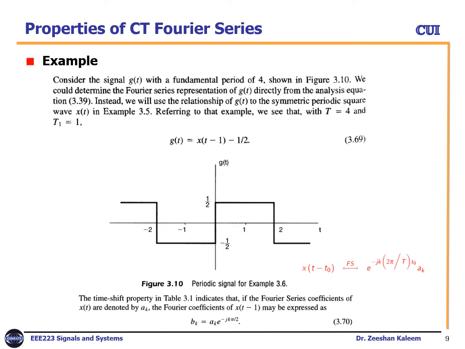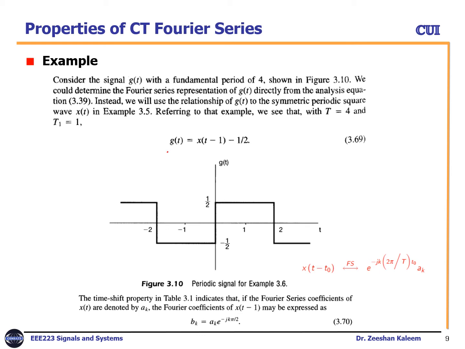Okay, there is one example to show the benefits of the properties which we already discussed: linearity, time scaling, time shifting, and so on. In this example, we will apply these properties and show that their application simplifies the calculation.